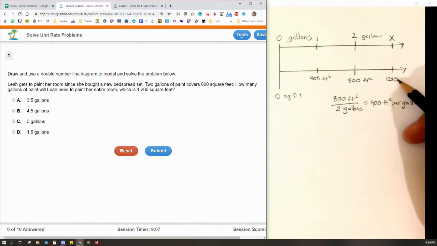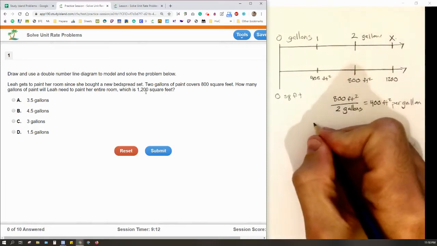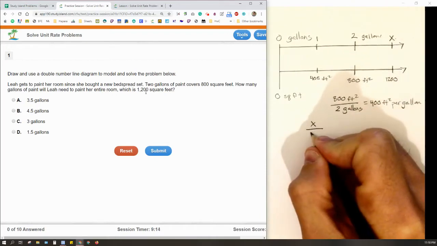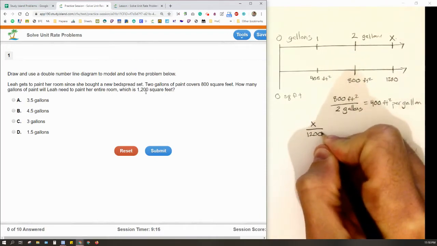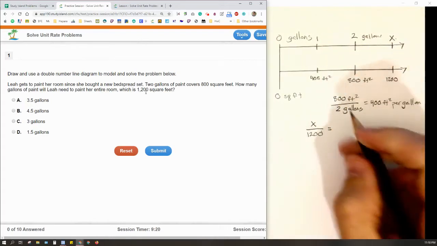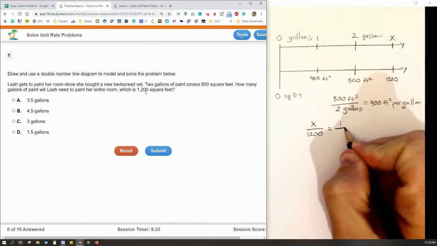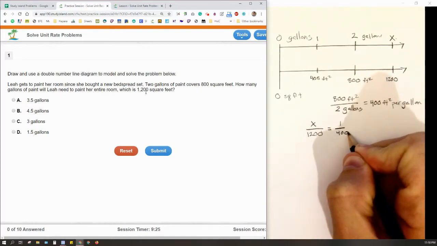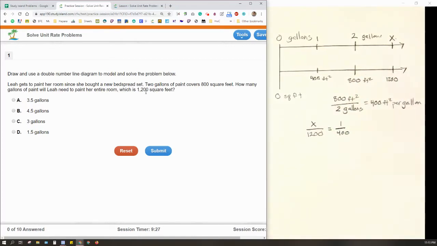If I have 1,200 square feet that I'm looking for, and I don't know how many gallons, I start with x over 1,200 is equal to 1 over 400. And now we simply solve our proportion.